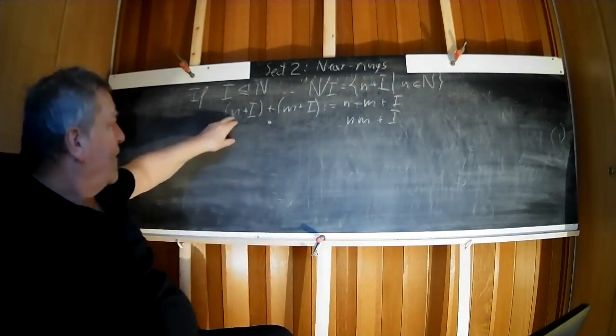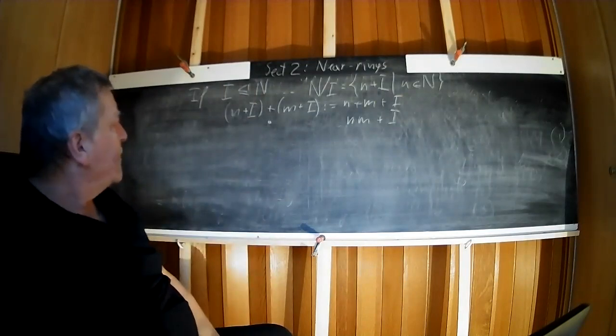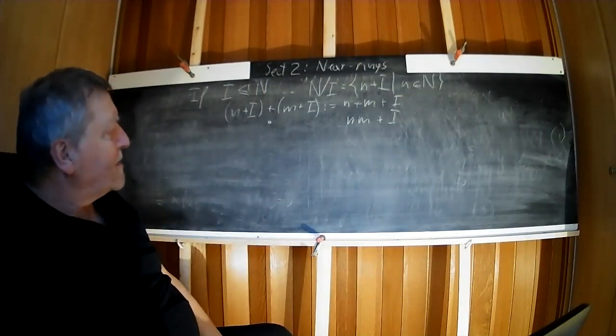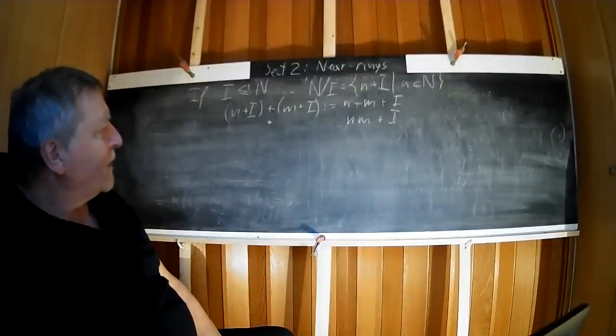They don't depend on the representative of this coset. And in this case, you get a so-called factor near-ring N factored by I.